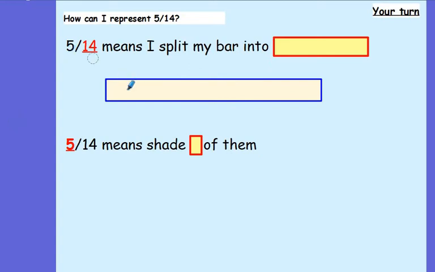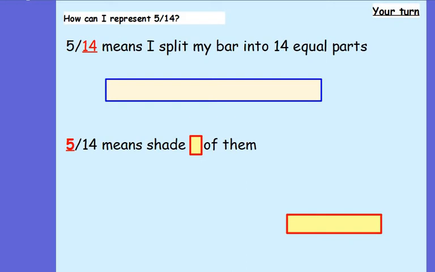Okay, Year 7, how can you represent 5/14? In your light blue books, have a go at showing this on a bar model. Pause the video for a minute and have a go at that now, please. Right, so this time, because I've got 14ths, I need to split my bar into 14 equal parts.